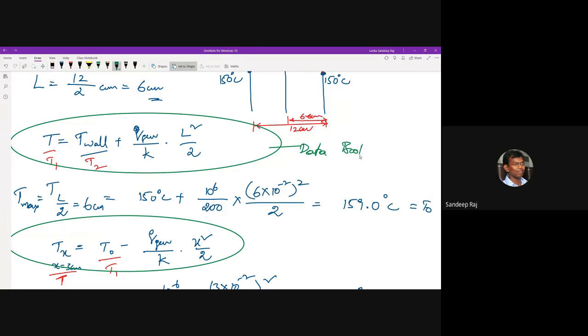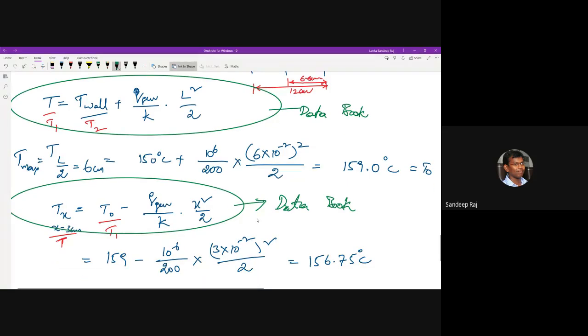From next class onwards, that's how we will do for the different cases like your sphere, cylinder, and various cases present in internal heat generation, taken from the data book. So what I request all of you is have your data book with you for the next class. If you don't have data book with you, you will not be in a position to understand what we are doing.